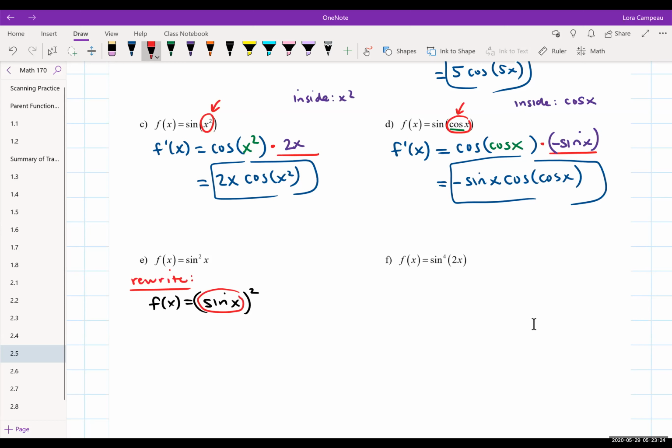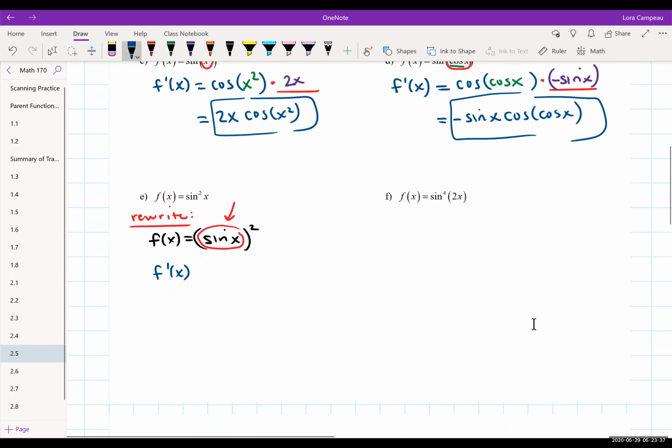The base is more complicated than just a single x. When I'm trying to take the derivative of something squared, I always like to rephrase it. I talk a lot to myself in my head when I'm doing my calculus.